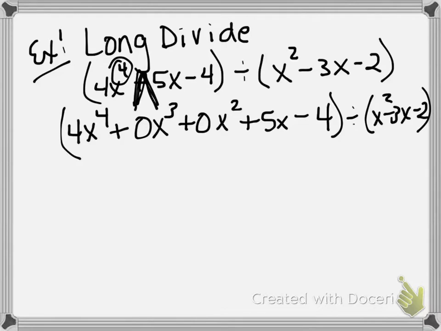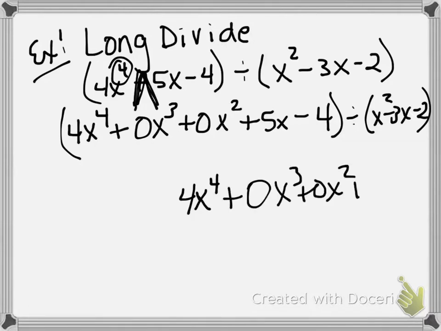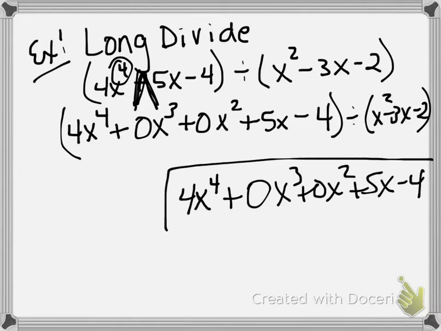So when you set up your doghouse for this one, you have 4x to the 4th on the inside plus 0x cubed plus 0x squared plus 5x minus 4. And then you're going to divide that by x squared minus 3x minus 2.